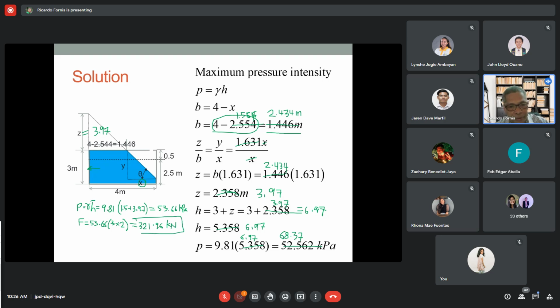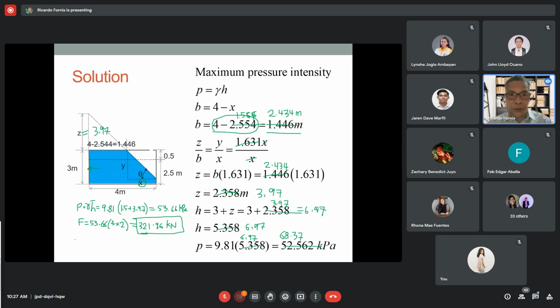Okay, are you following? So this is the corrected value, 321.96. That's the value after correcting it.